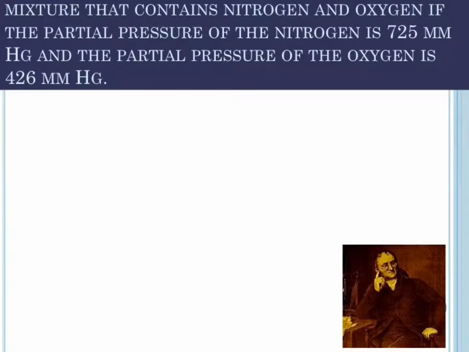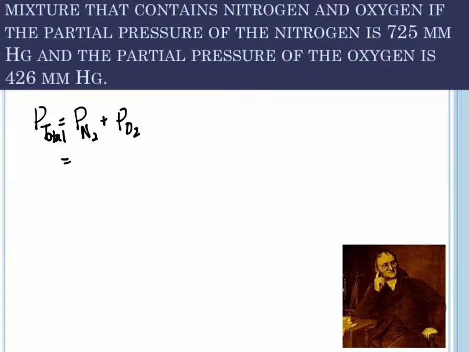So let's do a problem. I have a mixture that contains nitrogen and oxygen, and the partial pressure of nitrogen is 725 and the partial pressure of oxygen is 426. What is the total pressure? P total is equal to the pressure of my nitrogen plus the pressure of my oxygen.